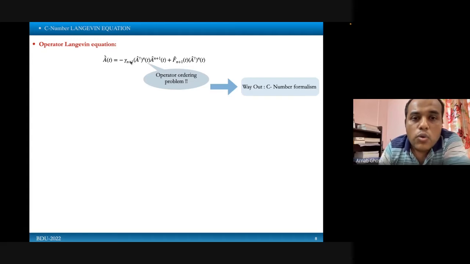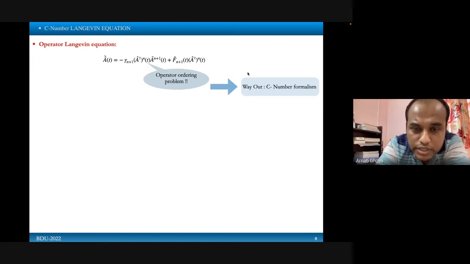Now, in quantum mechanics, the problem is that these operators are no longer commuting. So they don't commute with each other. Therefore, this problem always remains in quantum mechanics, which is known as the standard operator ordering problem.